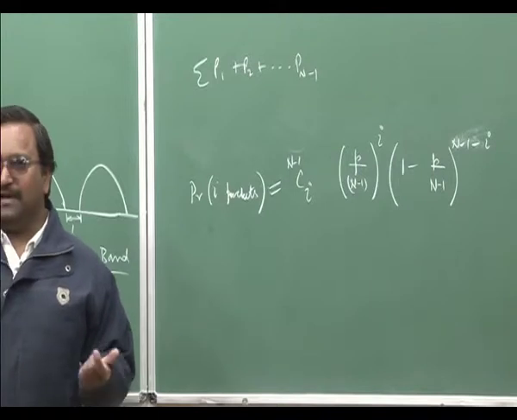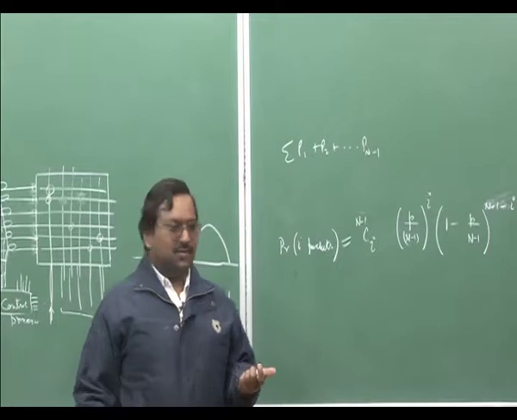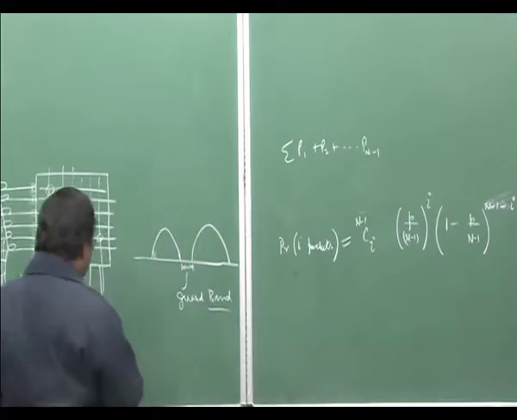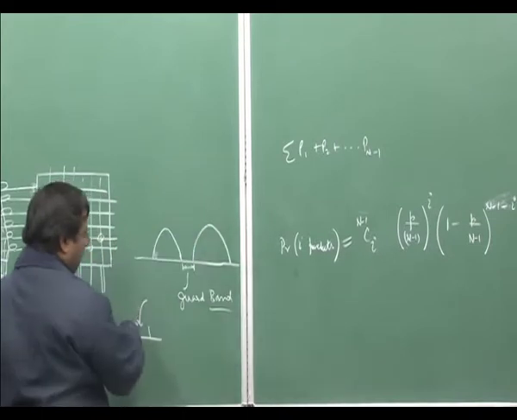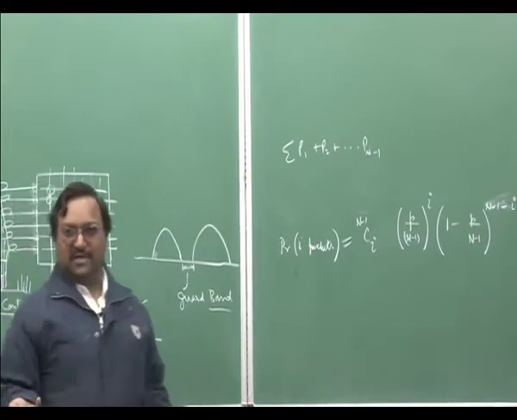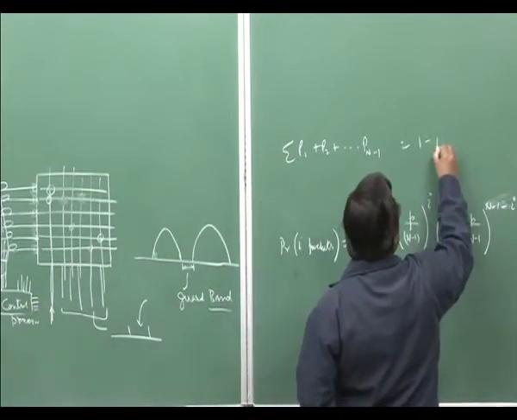There is a probability of getting at least one packet at the outgoing port. So the outgoing line will have in a time slot one packet with this probability, and that will be the throughput, which is nothing but 1 minus P0.